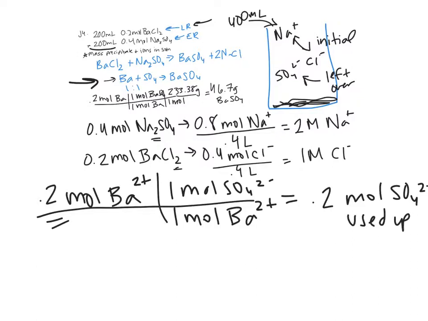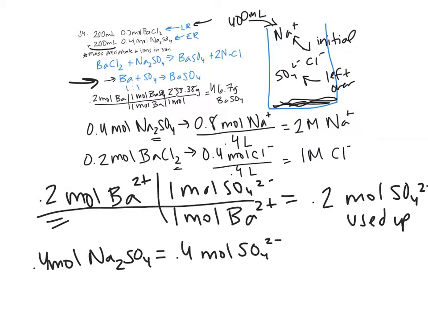Let's take our initial. We have 0.4 moles of Na2SO4, which is the same as saying we have 0.4 moles of sulfate, because there's only 1 sulfate in each one. Then we subtract our 0.2 that gets used up, and we get 0.2 moles of sulfate.